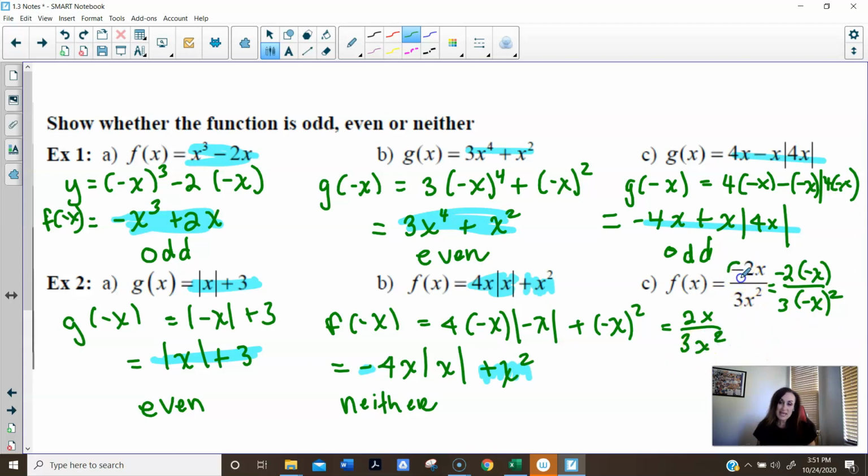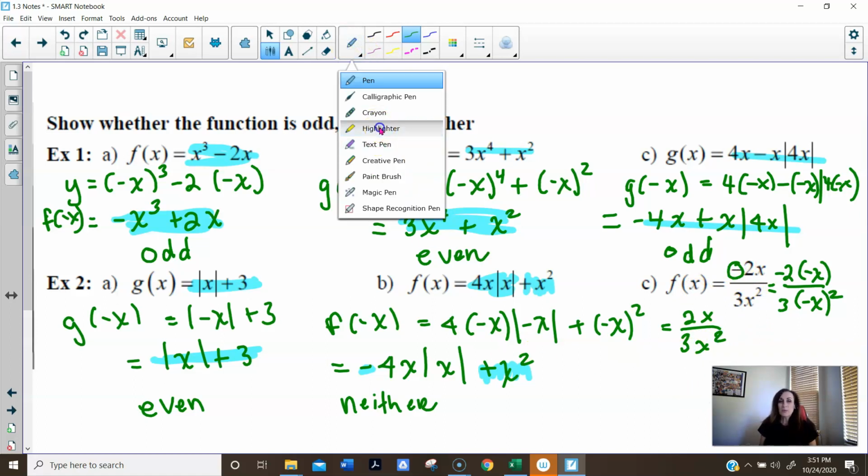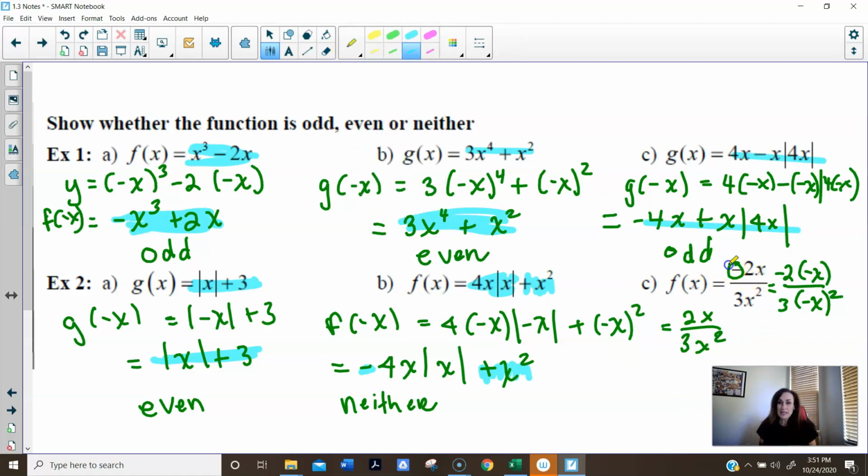Now, this negative you could pull out in front. So really, the original and the new one are exactly the opposite of each other, because this negative you could pull in front, so it's the opposite of that. And so we know that it's going to be odd. All right, that's odd, even, and neither functions.